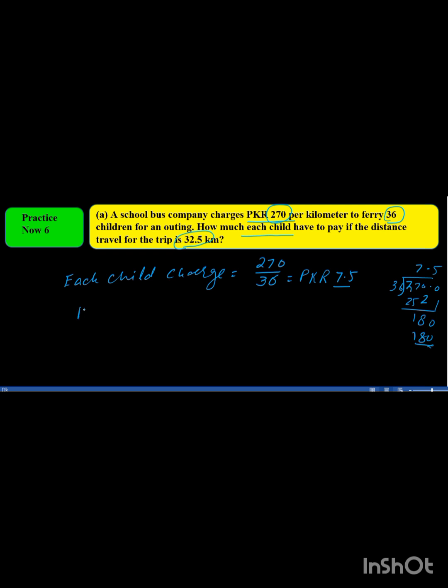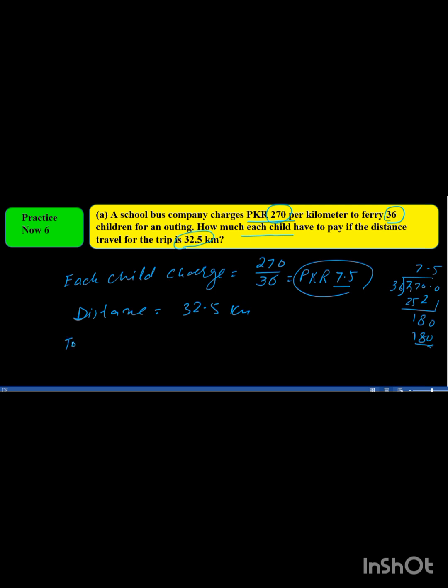Now the distance is 32.5 kilometers, and for 1 kilometer each child has to pay 7.5. So simply you have to multiply with the 32.5 distance.